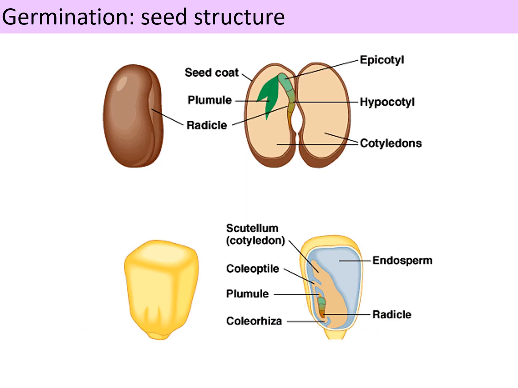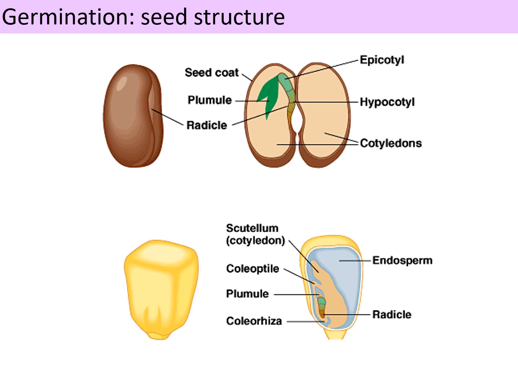The seeds of different plants may vary in many ways, but the basic anatomy remains the same. As you know, the function of the seeds is to help in the germination of the new plant. Moreover, the seeds also contain a food reservoir in the form of cotyledon and endosperm. The embryo inside the seeds will use the food from the cotyledon and endosperm. This is the source of food inside the seeds.